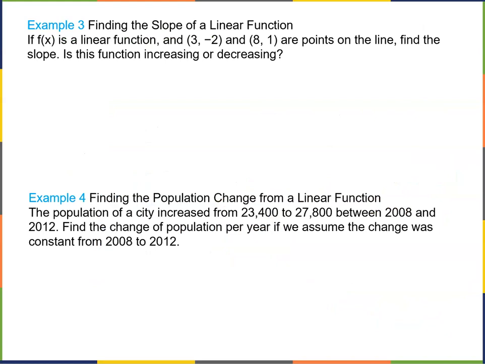Let's try an example. If f of x is a linear function and (3, -2) and (8, 1) are points on the line, find the slope, and then answer the question, is this function increasing or decreasing? So remember, our slope is change in y over the change in x, the change in the input. So let's say we have here x1, y1, x2, y2.